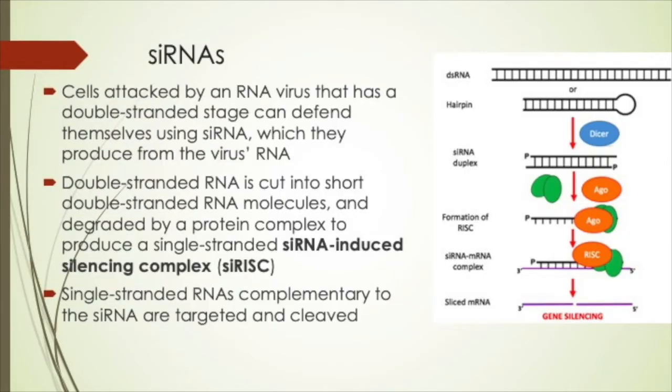And then there's siRNAs. So sometimes these cells are attacked by an RNA virus that has a double-stranded stage. So sometimes these siRNAs come from another body, like a virus, which they produce from their cycles.